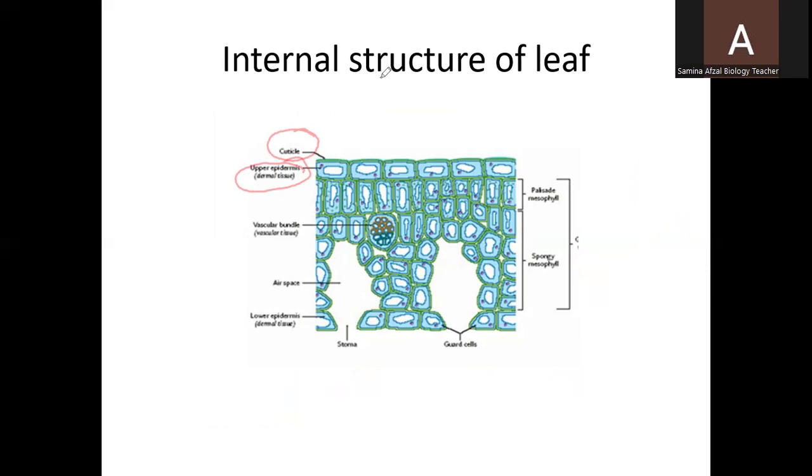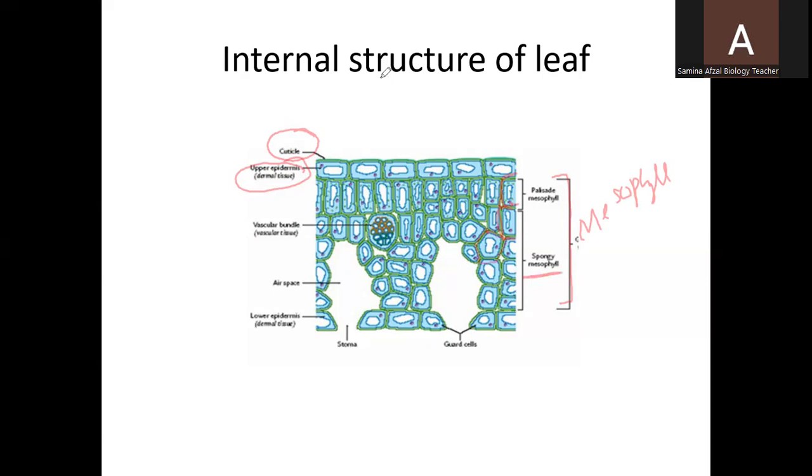And below the upper epidermis, there are mesophyll tissues. Mesophyll tissues are of two types: palisade mesophyll, which are elongated cells, whereas the spongy mesophyll tissues are of irregular shape.